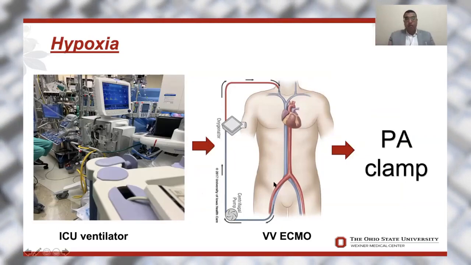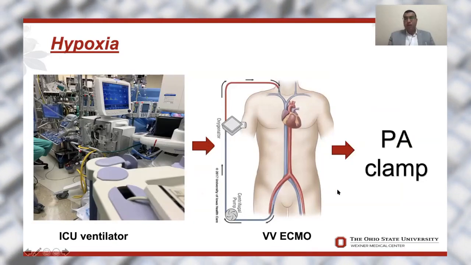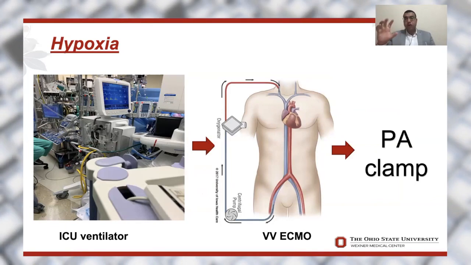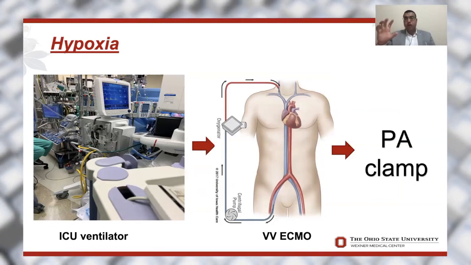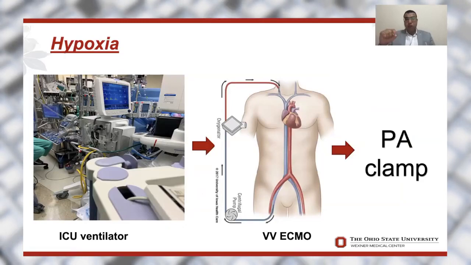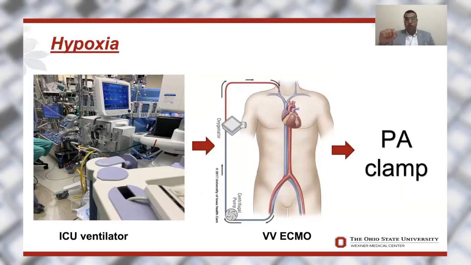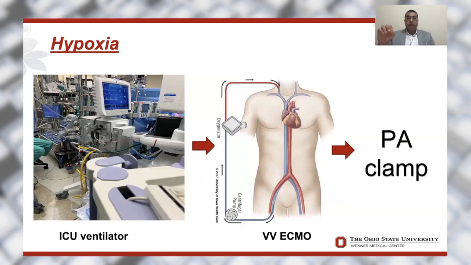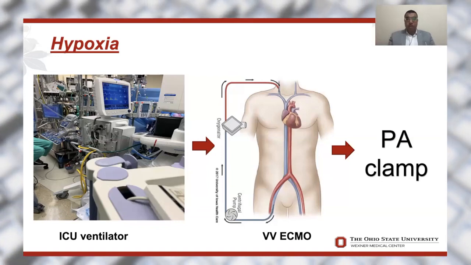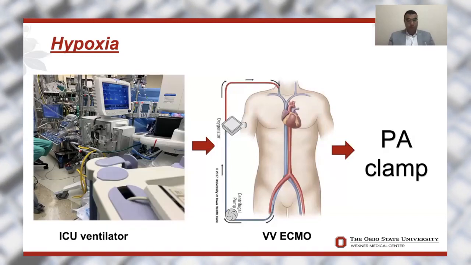Still hypoxic, go for VV ECMO. Still hypoxic, you can ask the surgeon to clamp the pulmonary artery of the native lung, which the surgeon is going to transplant. The same physiology: decrease perfusion, decrease ventilation, you will improve the matching between ventilation and perfusion.